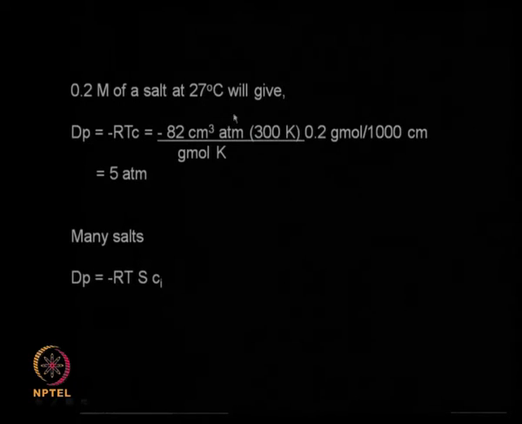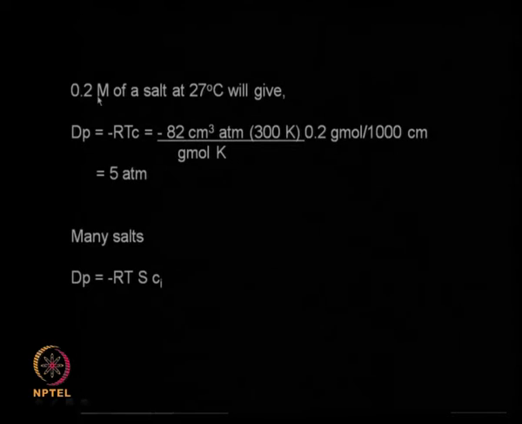So you have to take the correct R, which is 82 centimeter cube atmosphere divided by gram mole per K, and then here you have 0.2 mole, which is 0.2 gram mole per 1000 cc, correct, 0.2 gram mole per liter. So if you multiply all these you get 5 atmospheres.